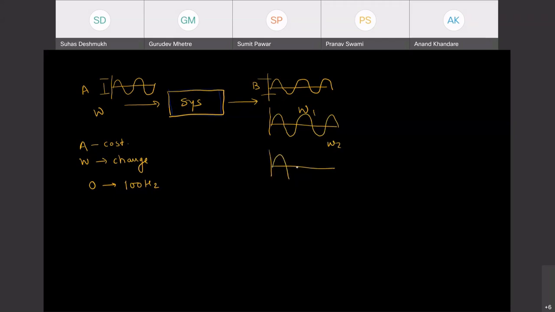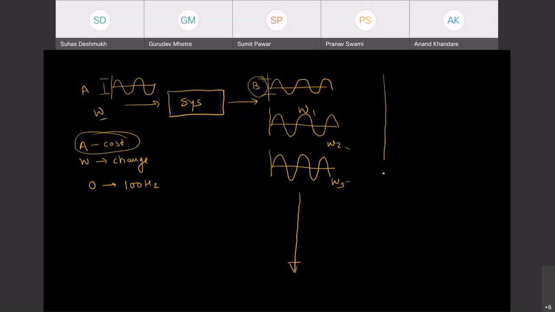I may have an omega 3 like this, multiple graphs like this. Okay. Now I want to know this. I'm going to keep A constant, only omega I'm going to change. And due to that, omega is creating a problem because it is increasing or decreasing the output amplitude, which is dependent on omega, while A is constant.